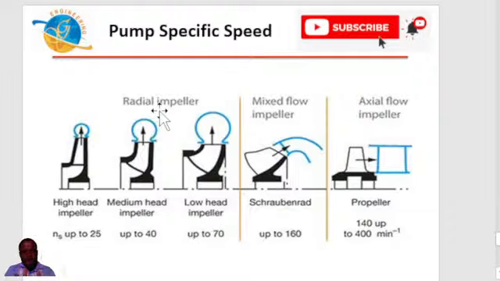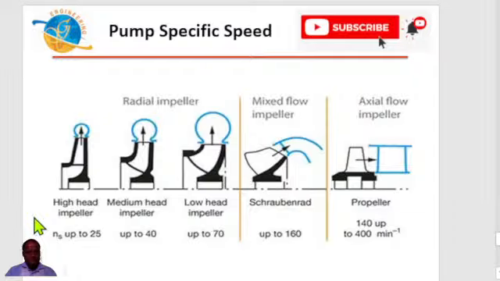If your calculated pump specific speed is over 70 up to 160, it has to be a mixed flow impeller. Likewise, if you have 140 upward, say 150, 160, then you can have your axial flow impeller. Basically, there are three types of impeller, based on the direction of flow with respect to the axis of rotation.